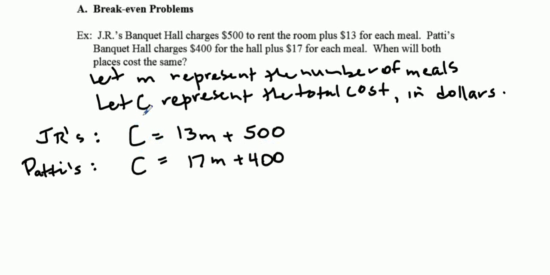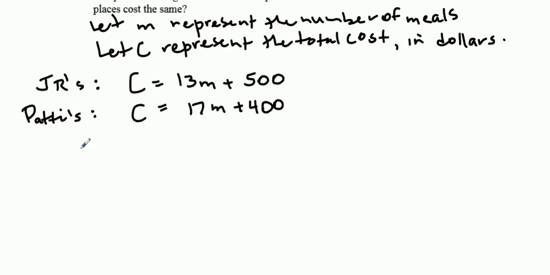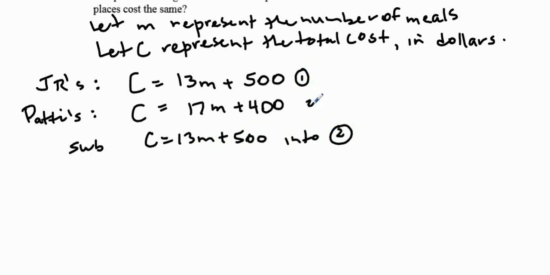Now, it didn't say which method to use, so I personally would be using substitution because we already have a variable isolated. So this is a very nice way to do substitution. All right, so I'm going to sub C equals 13M plus 500 into 2. So I'll just number these 1 and 2.